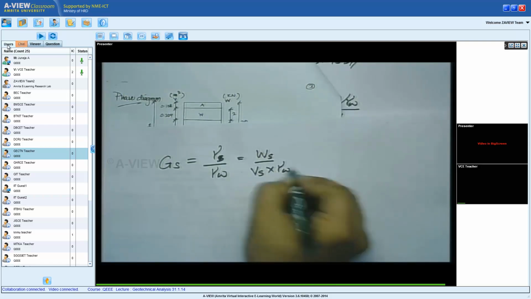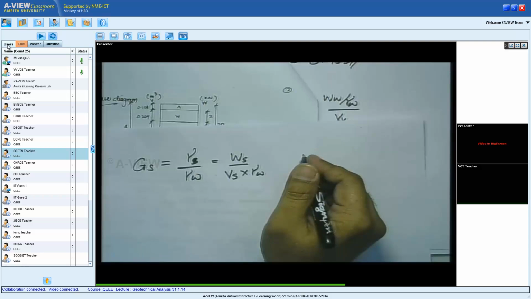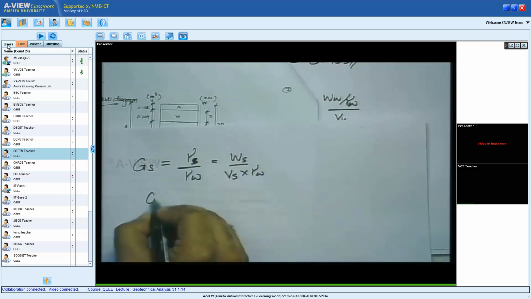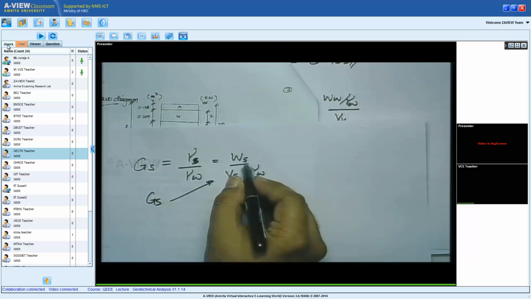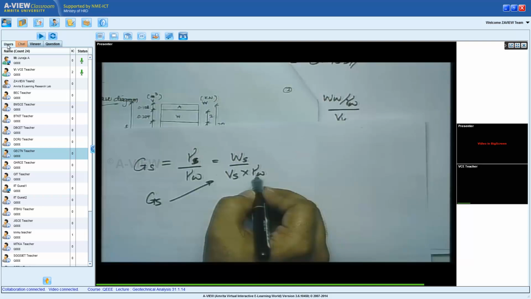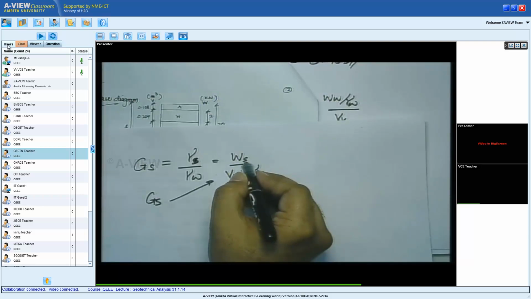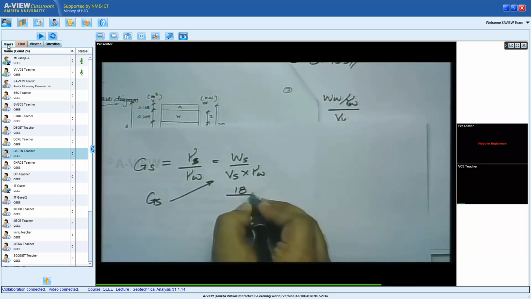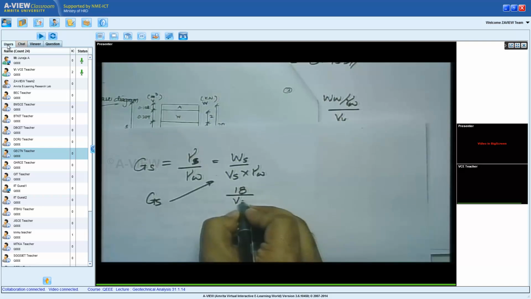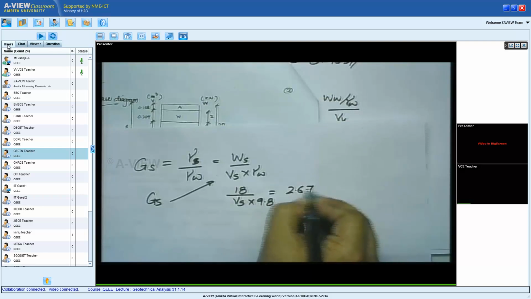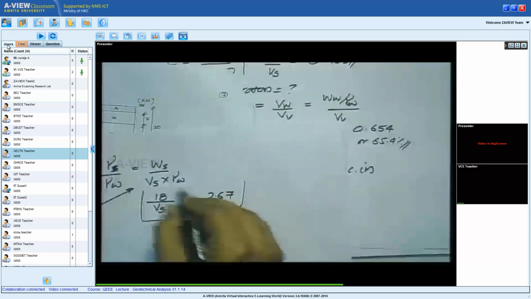I apologize if it was a mistake in writing, but specific gravity is always, as you correctly say, weight of solids over the volume of solids, times the unit weight of water. So weight of solids is 18, I think a mistake, 18 over volume of solids, which is unknown, times 9.8 equals 2.67. I think this is the number.